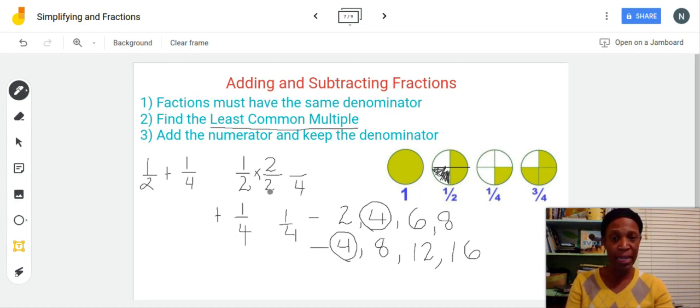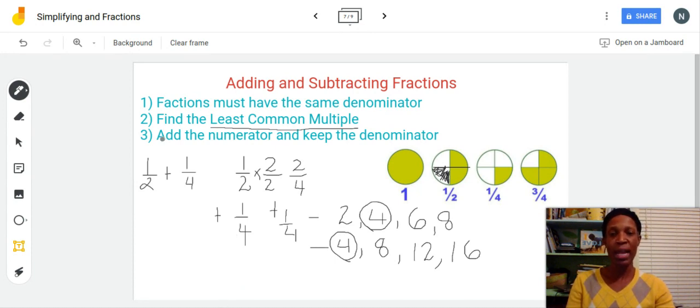So I have to multiply the denominator by 2 and also the numerator by 2. So then we have 2/4. So now 1/2 is exactly the same as 2/4. All right. So now we can add these two new fractions, the 2/4 and the 1/4 together.